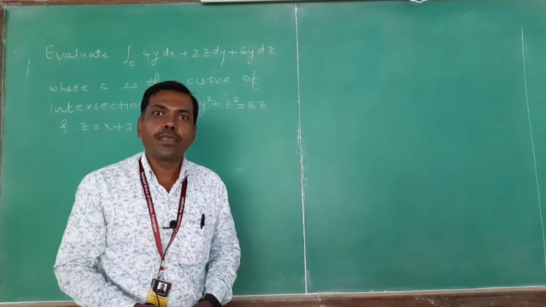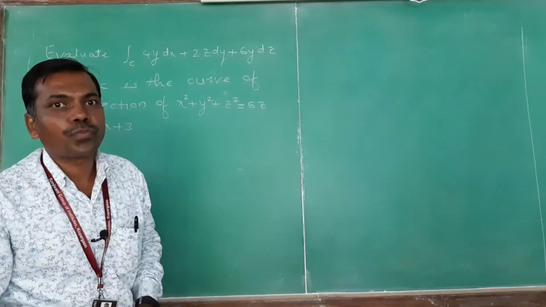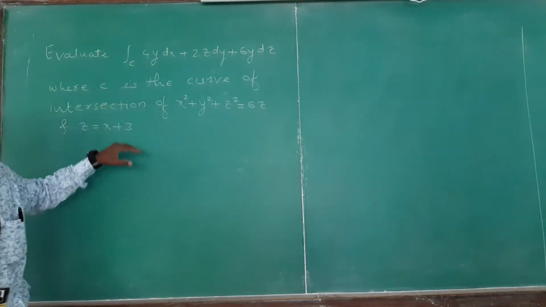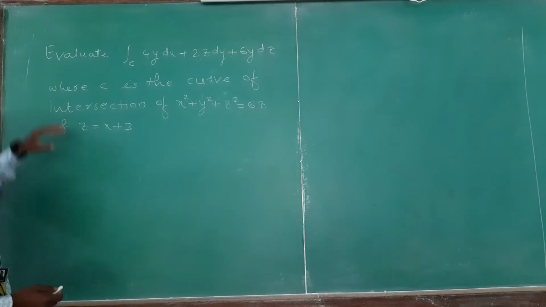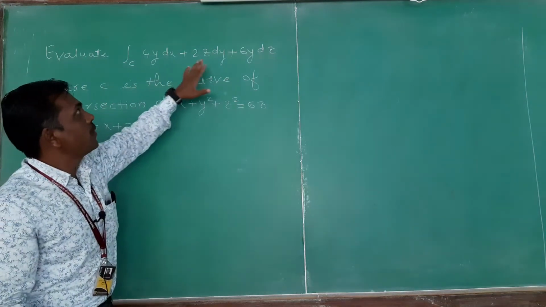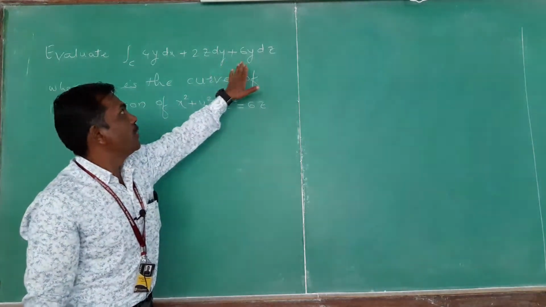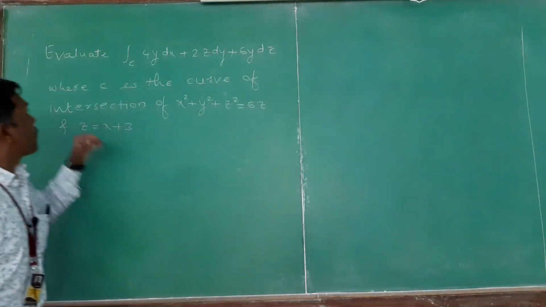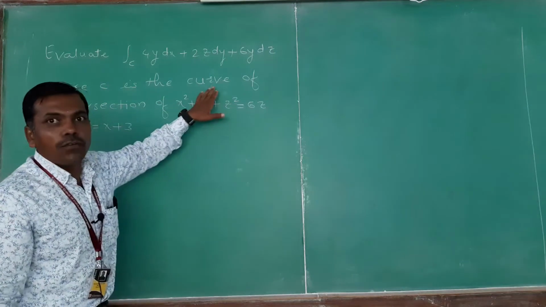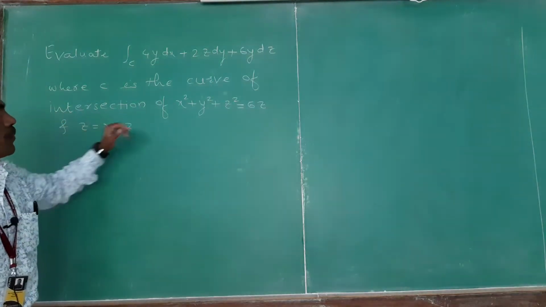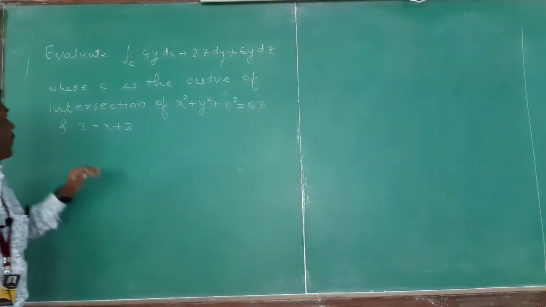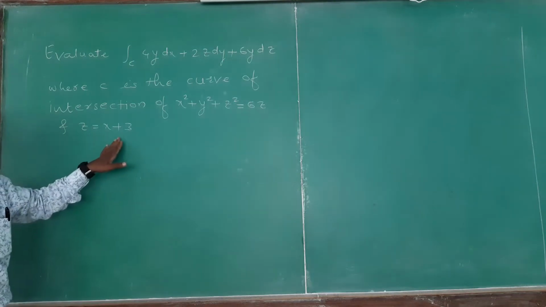Hello everyone, and let us start one example on Stokes theorem so that we can clearly understand the concept of Stokes theorem. So here the question is: evaluate integral over C 4y dx plus 2z dy plus 6y dz, where C is the curve of intersection of x square plus y square plus z square equal to 6z and z is equal to x plus 3.